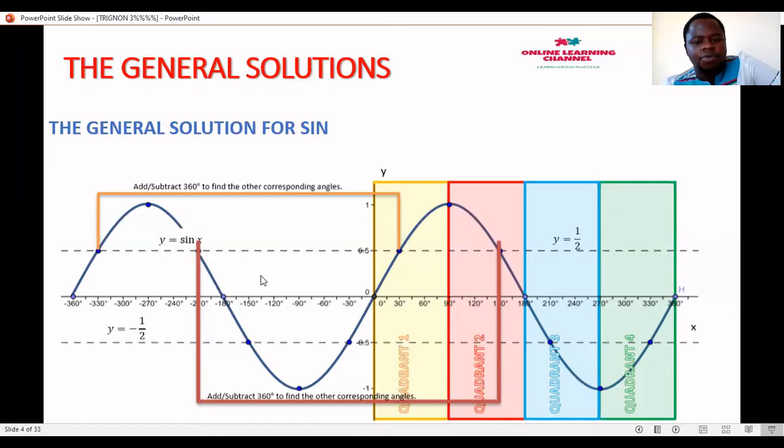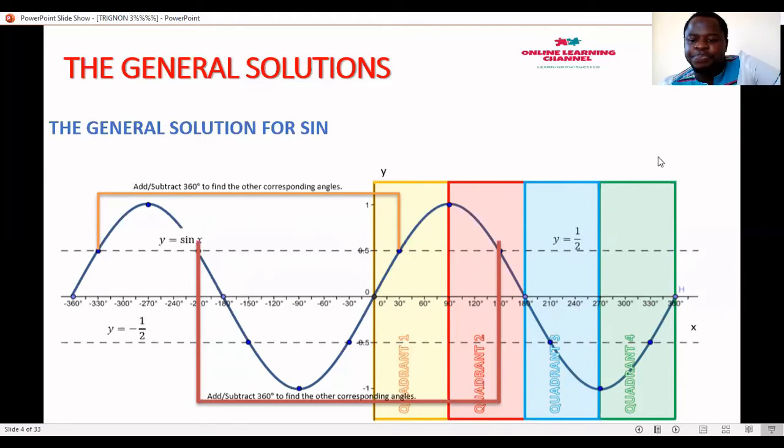So we've got different x values for a unique y value. That's why we want to find the general solution, generalizing all those different x values.